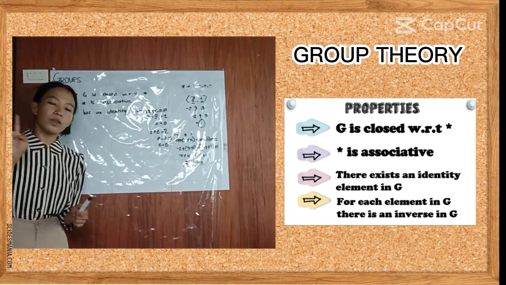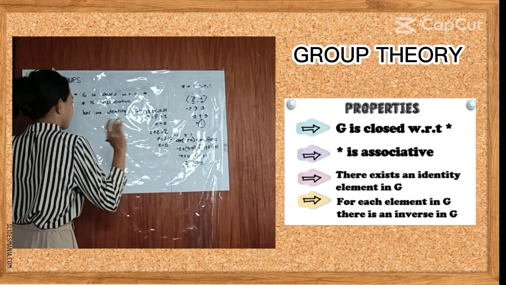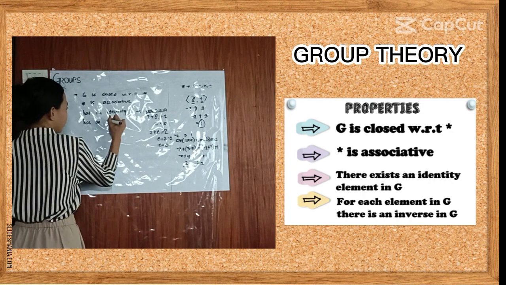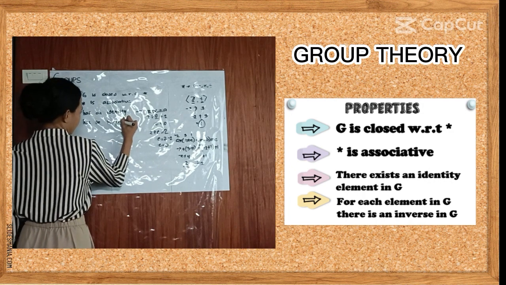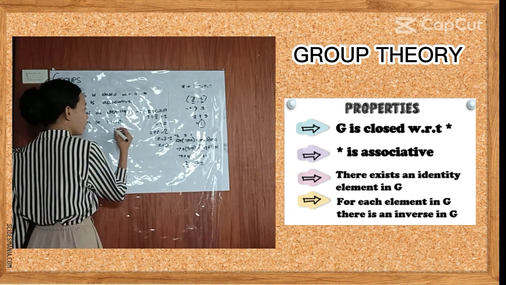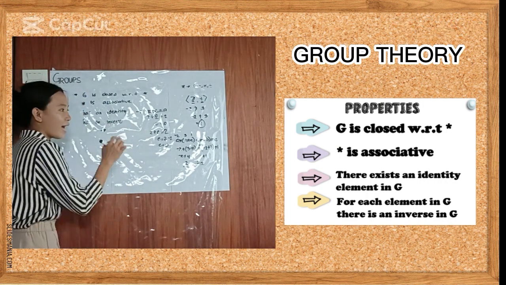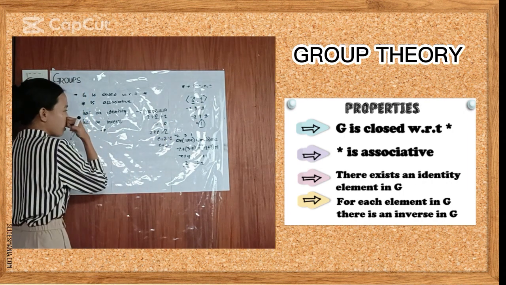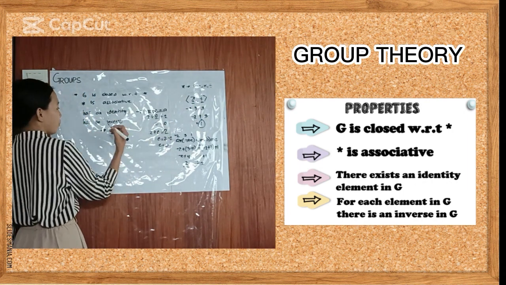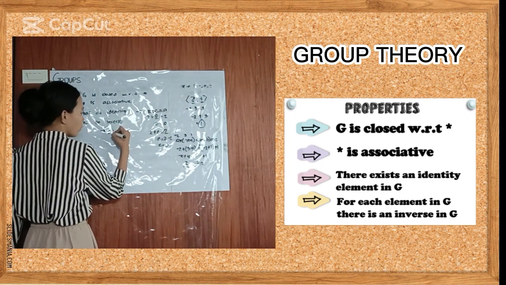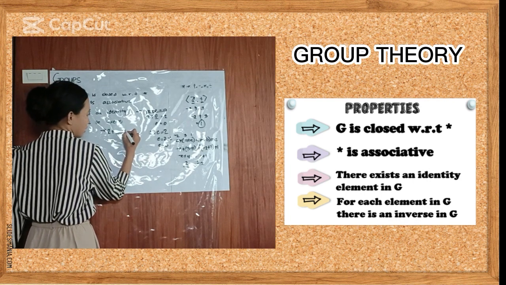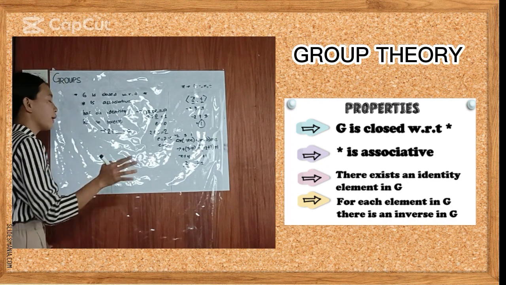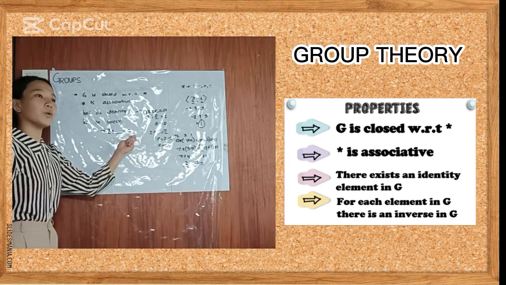The fourth property is that it has an inverse. For the inverse, we have, again, the integers under addition. Get an element from that. We have 2 plus something is equal to 0. What number should we add so that we get 0?